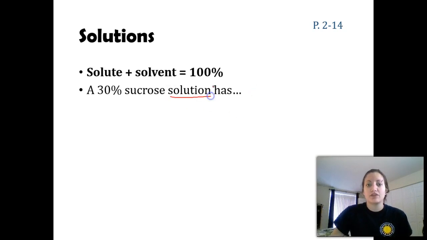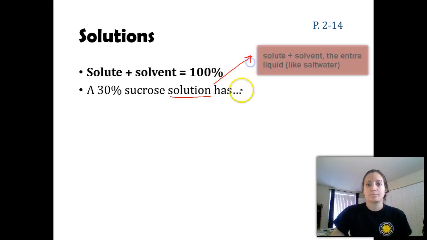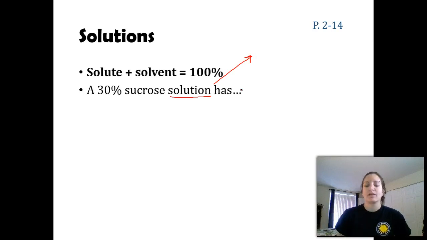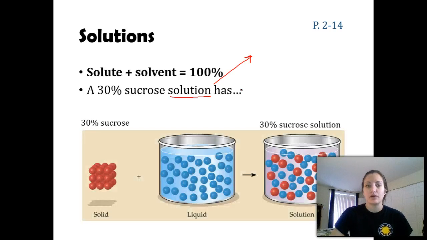Now remember, solution means the solute plus the solvent. It's the entire solution, the entire liquid. Now if I say 30% sucrose, that's referring to the solute. I'm saying that in this solution, I have 30% sucrose.